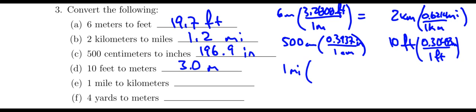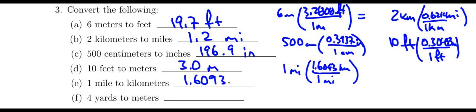1 mile to kilometers actually works out relatively easy because I'm really just looking at the conversion factor. It turns out that 1 mile is 1.6093 kilometers. So I can just put that in there, or, again, rounded to the nearest tenth, 1.6 kilometers. And then 4 yards to meters.